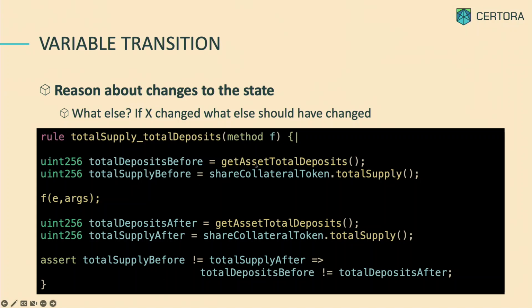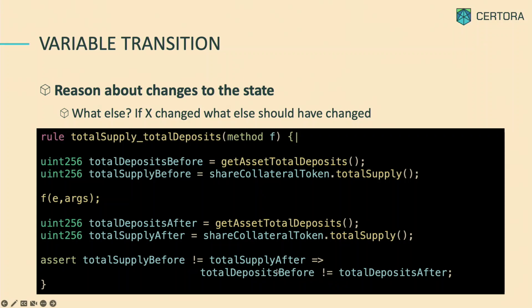So it's the total deposit to the system and the total supply. It's, again, a lending protocol where liquidity tokens are given. And they want to say that if the total supply changed, then it should only be if the amount of deposit has changed. And look how simple this rule is.